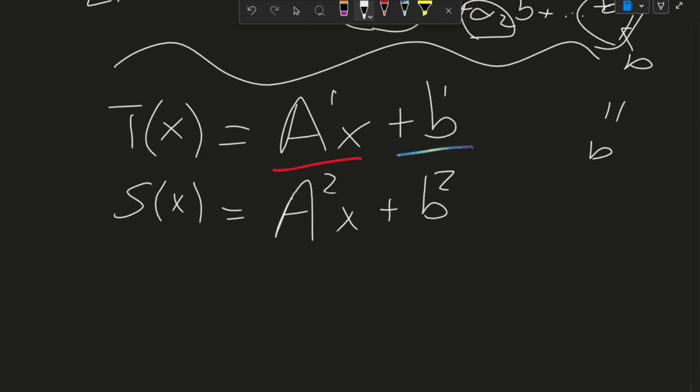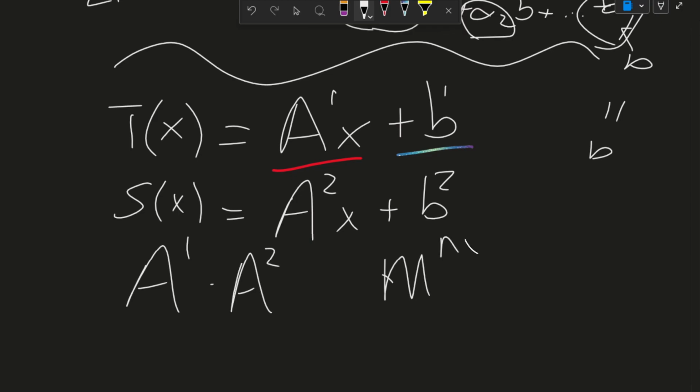Well, first of all, for now, let's just assume that A1 times A2 makes sense, right? Because if you remember, matrix multiplication only works if the matrices are n by m and m by k.